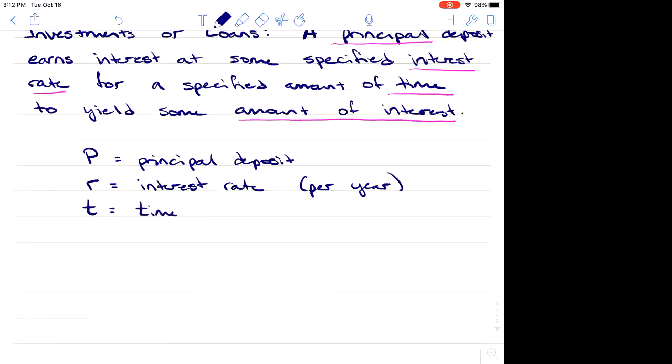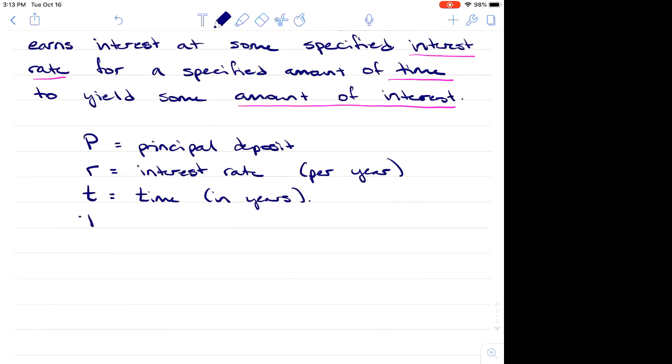Time in years. And then finally, we have some amount of interest, right? And we've noticed before for the amounts, we use capital letters. So the amount of interest, we're going to use a capital I. The amount of interest.